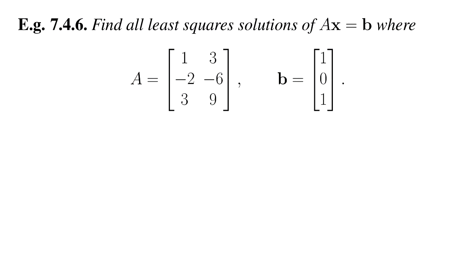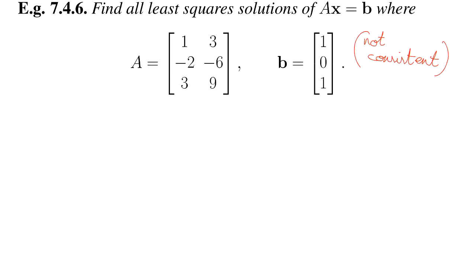Okay, so let's do an example. Let's find all the least squares solutions of AX equals B when A is this thing and B is that thing. You can check this system is not consistent, right? So there aren't any actual solutions. So how do we find the least squares solutions? We just construct the normal equations.